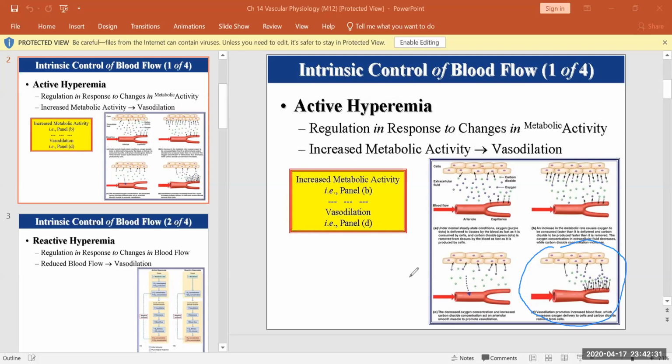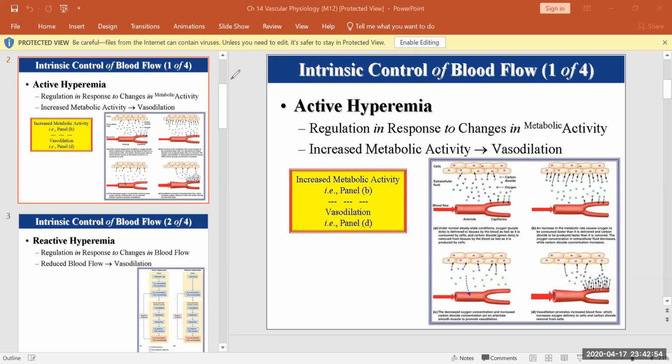So that's hyperemia, the first factor, an intrinsic control mechanism controlling blood flow locally within the vascular bed. No external player, no external factor was involved.